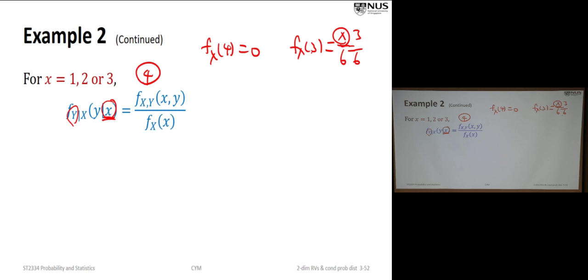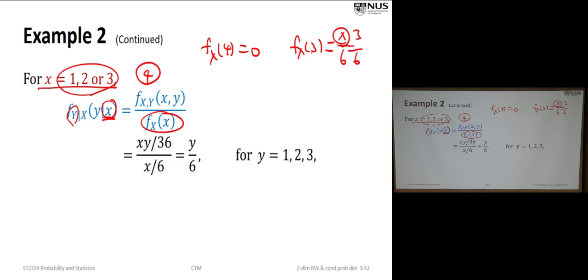So we only consider x equal 1, 2, or 3 because for this part, f of x is non-zero. All right? Then now, in fact, I should write down from this part, this equal sign, that means this equal to this, only when y equal to 1, 2, 3.